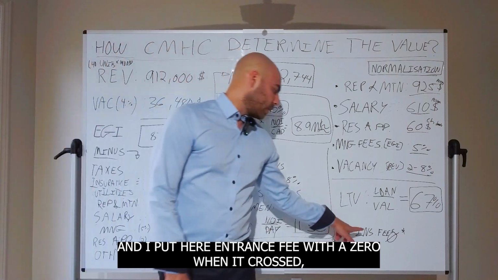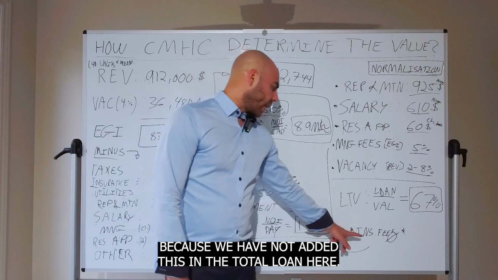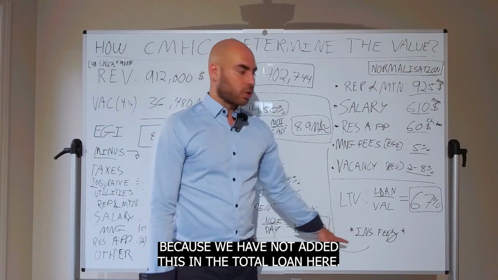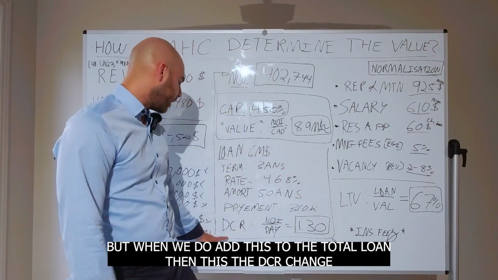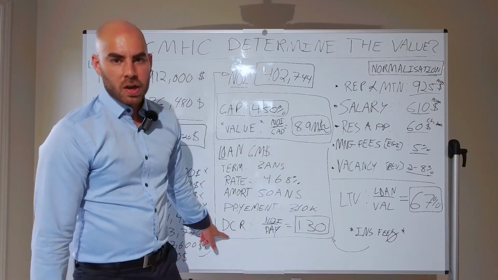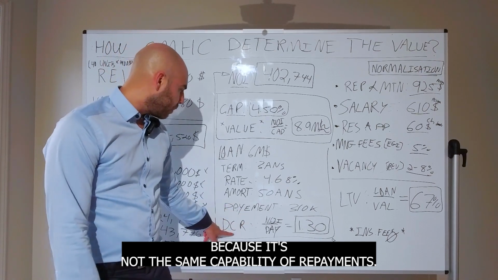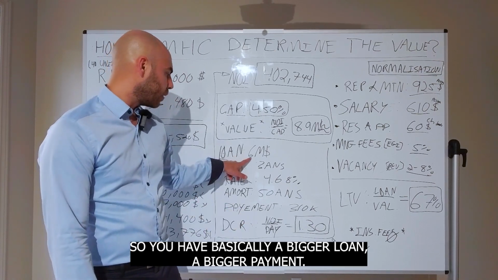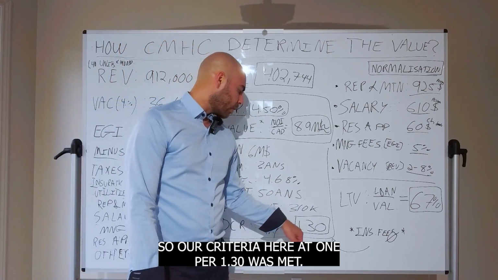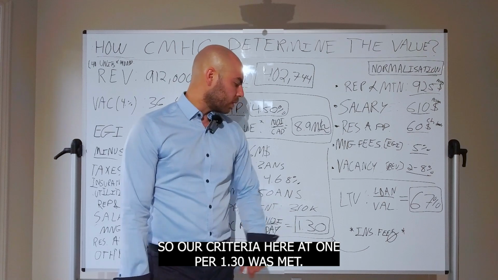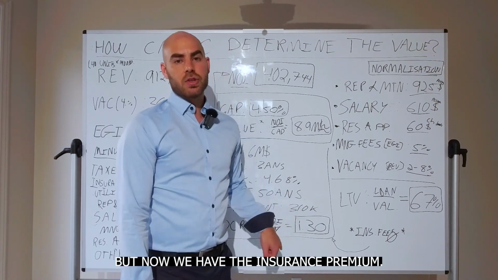And I put here insurance fee with a 0 with a cross because we have not added this in the total loan here. But when we do add this to the total loan, then the DCR change because it's not the same capability of repayment. So you have basically a bigger loan, a bigger payment, and it's different here. So our criteria here at 1.30 was met. But now we have the insurance premium.